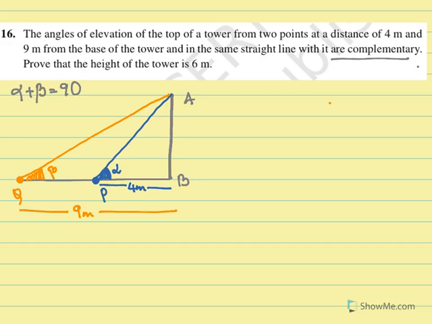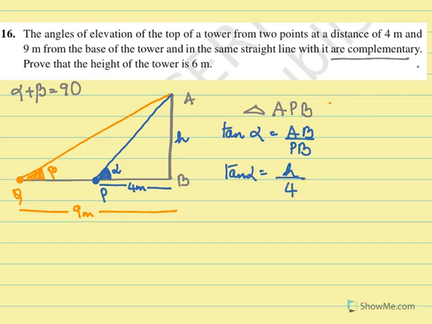So first we'll take up the triangle APB. And in APB we'll write tan alpha. Tan alpha is perpendicular AB over base PB. So tan alpha, I'll take this as H. Tan alpha equal to H over 4.